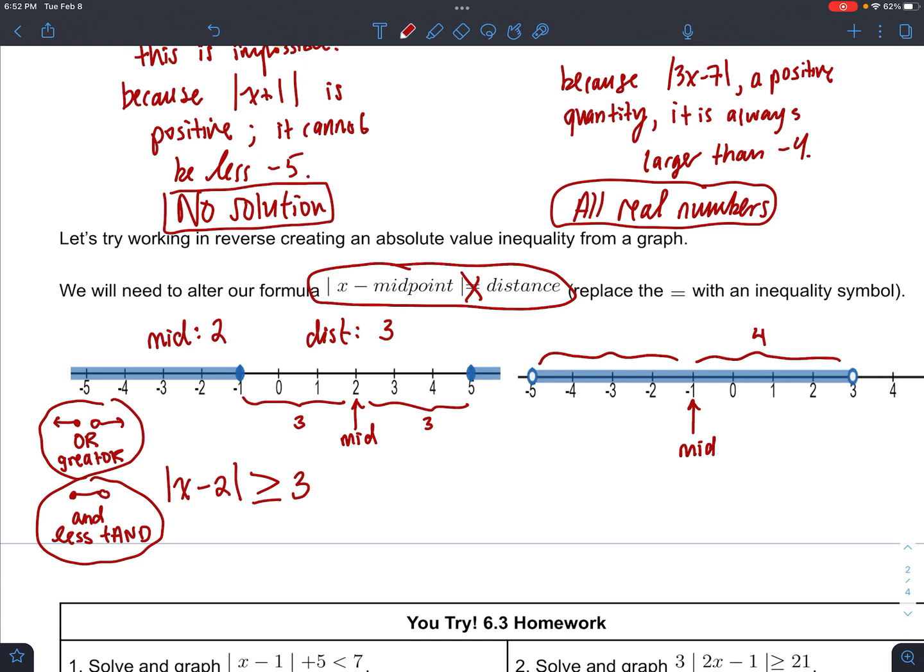So using this idea, but we don't use the equal sign, it's going to be x minus -1, and the distance is 4, but it's an and. It's got the and look. So it's going to be less than. And since we have open circles, we're going to leave it like that.